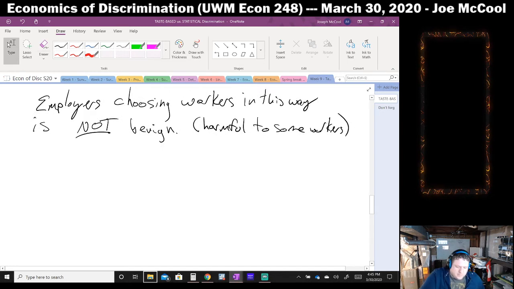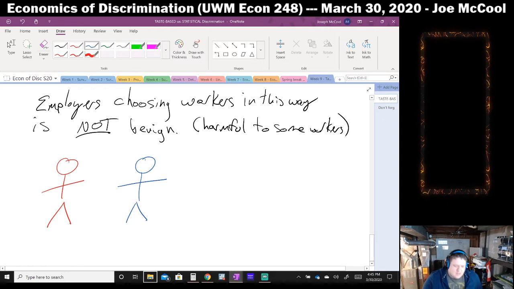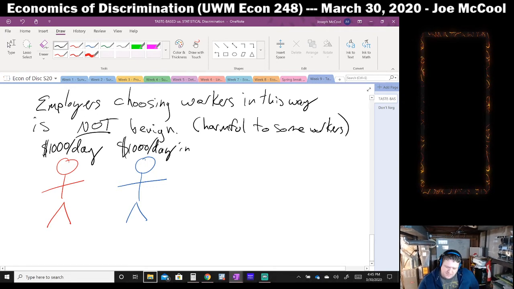So what does that look like? I believe the example in the book used a red person. We have a red person, and we have a blue person. And each of them produces 1,000 per day in productivity, right? So each of them works at your factory, and they create $1,000 worth of stuff per day.